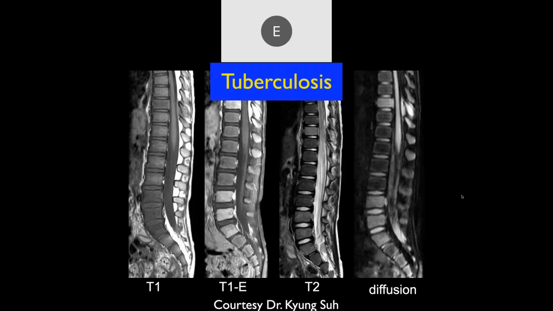Okay, so it's TB, and remember, TB is endemic everywhere, and it certainly is not getting better in the United States. The characteristic thing with TB is that it tends to be throughout the body.